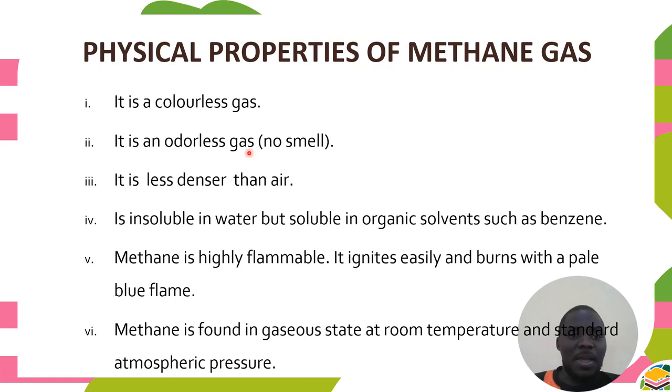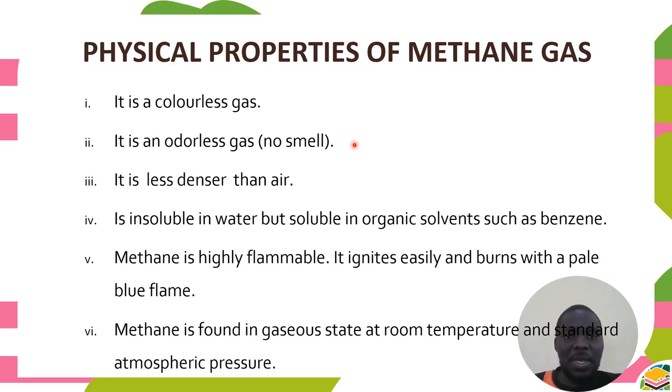So apart from the preparation of alkane, now we're going to look at the physical properties of methane gas which is going to be produced, since sometimes it's very important to know the physical properties of something that you are producing. Since we are only using methane as an example, we have to look at the properties of methane.